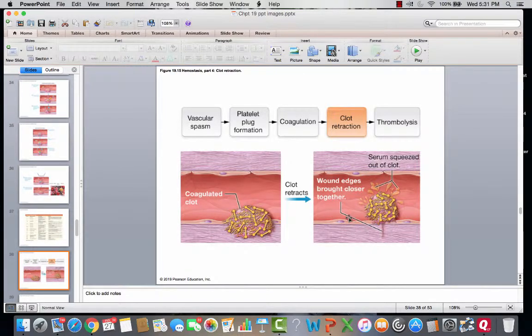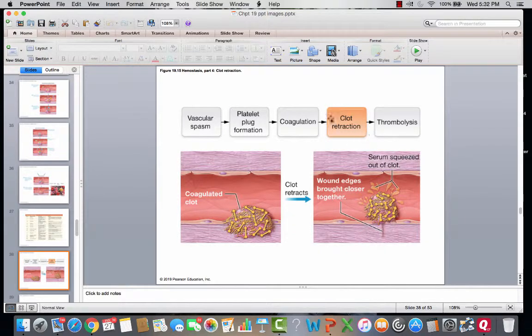So hemostasis part 4 and part 5, described for you on page 743, describes how we break this clot apart and then send it back into the circulatory system. So clot retraction and thrombolysis.